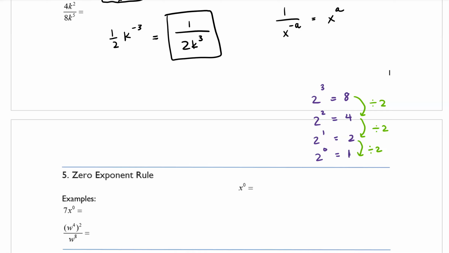So it turns out that when you raise something to the 0 power, it is equivalent to 1. So here I have 7 times x to the 0 power, which is equal to 7 times, and we just said that when we raise something to the 0 power, it's equal to 1. So then 7 times 1 just gives us 7.